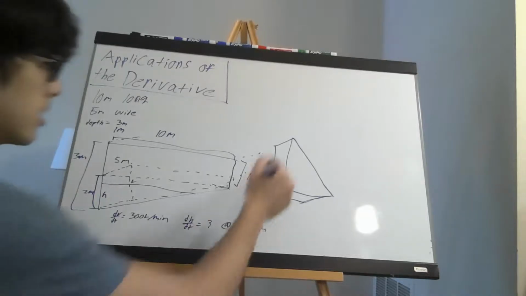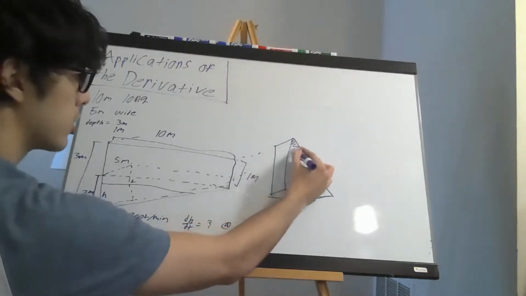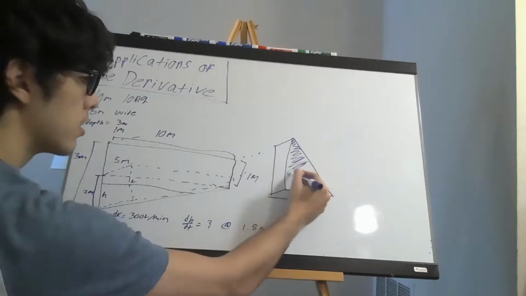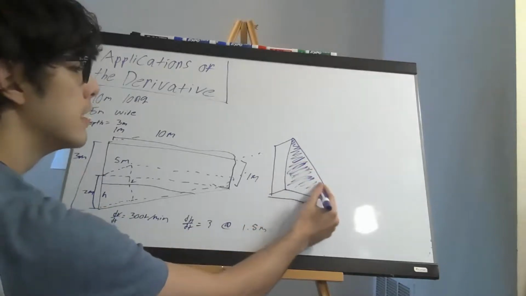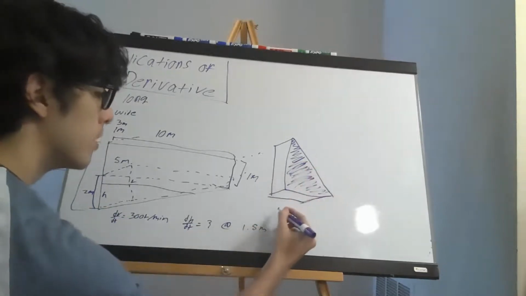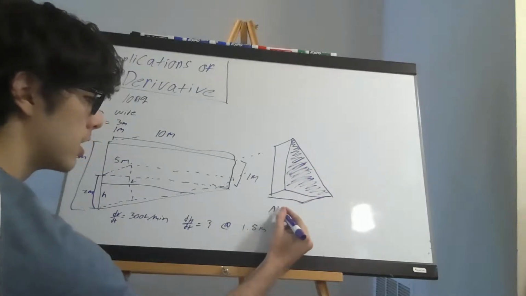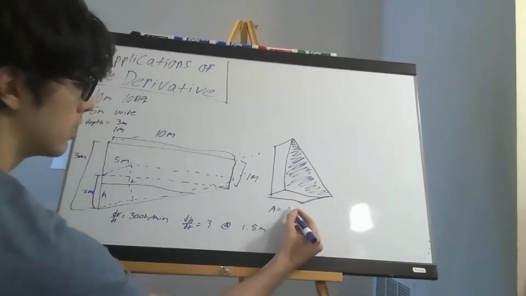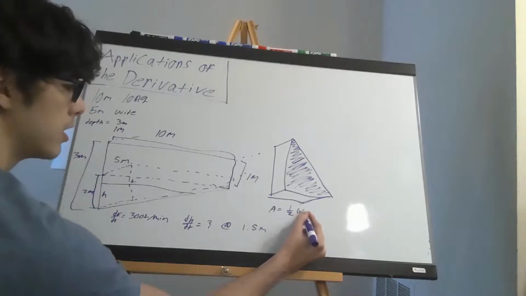So let's think in cross sections here, because we can't think in 3D because we're humans. We know that the area of the triangle is equal to 1/2 base times height.